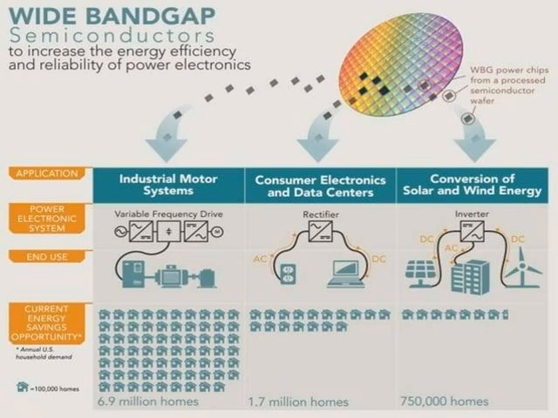So industrial motor systems have more current saving opportunities, and consumer electronics and data centers have 1.7 million homes benefited, and also conversion of solar and wind energy can have up to 7,50,000 homes benefited. That can be done with the help of this particular technology.